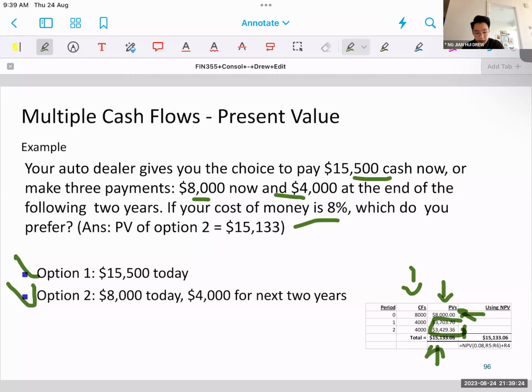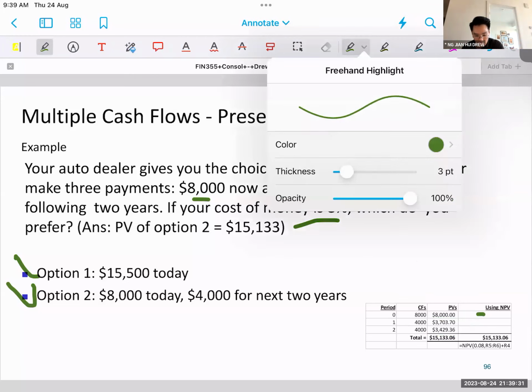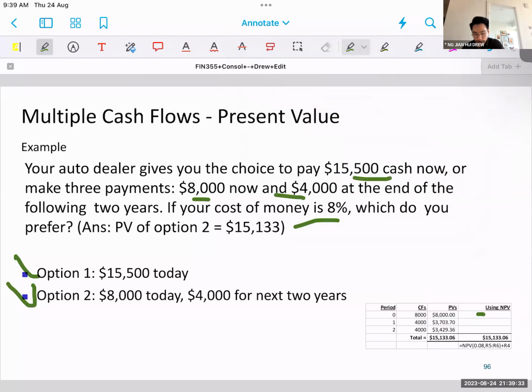Or we can do the NPV formula. For the NPV formula, I want to highlight that you should not include the cash flow at year 0.